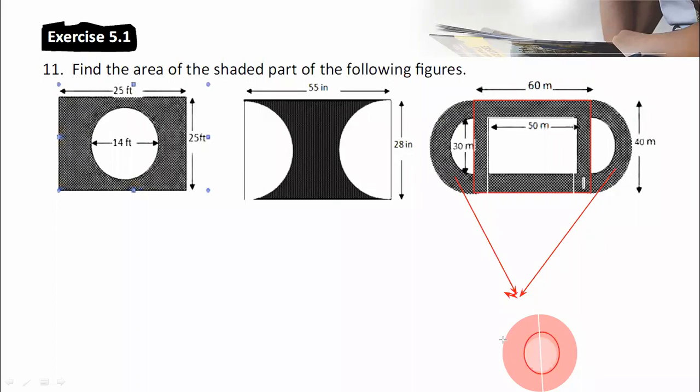After subtracting the area of the inner circle from the outer circle, the area of the shaded regions on the left and right sides comes. Okay, to find this area, area of outer circle minus area of inner circle. And to find the area of this region, we have to subtract the area of the inner rectangle from the area of the outer rectangle.